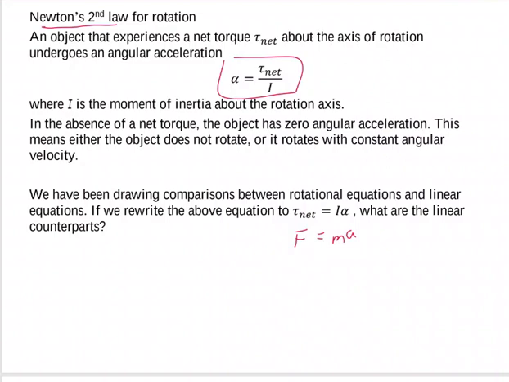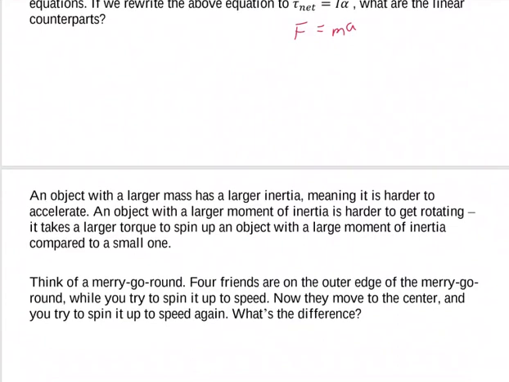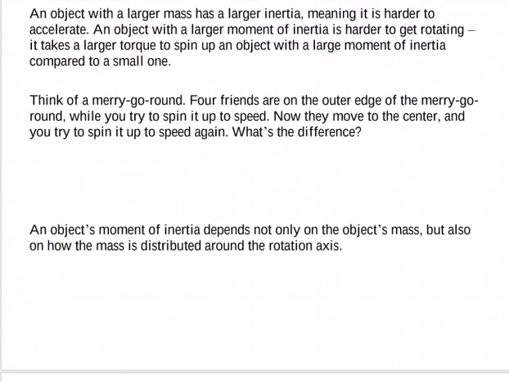Okay? All right. So an object with a larger mass has a larger inertia. So like when we're trying to push something that's heavier, it has a more difficult time getting pushed, right? When we have something that's heavier and it's moving, we have a harder time getting it to stop as well, okay?